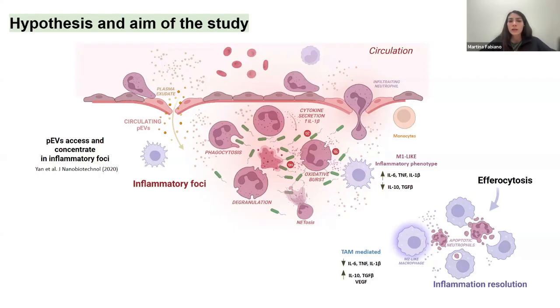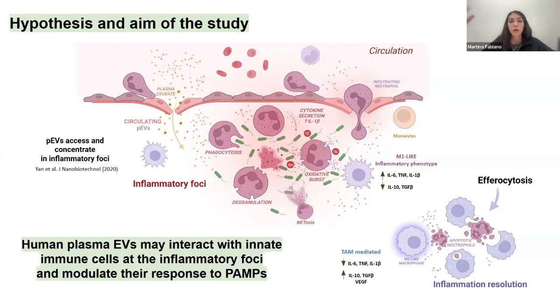So we started asking ourselves if those plasma extracellular vesicles were able to interact with different cells, such as macrophages and neutrophils, and modulate their responses to the different PAMPs, for example, viral PAMPs or bacterial PAMPs. So that was our hypothesis. After that, we started studying a little bit more about this.